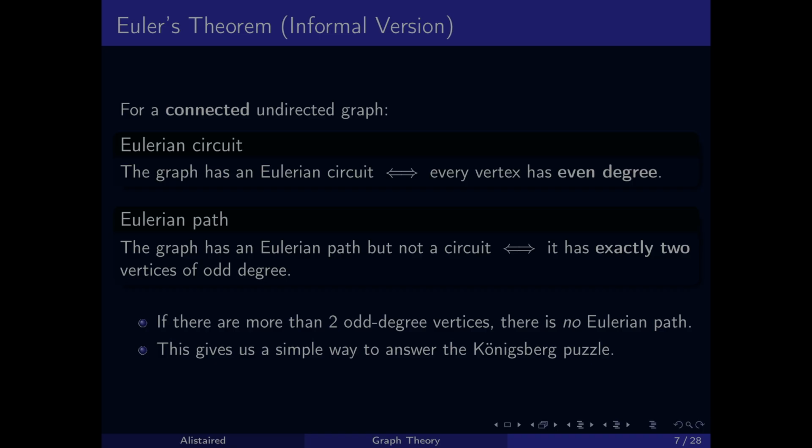For each landmass, to be able to go through each bridge exactly once and end up where we started, the number of bridges that let you arrive at the landmass should be equal to the number of bridges that let you leave that landmass.